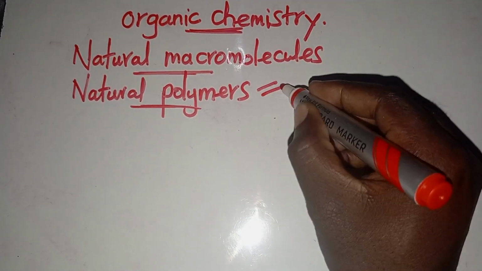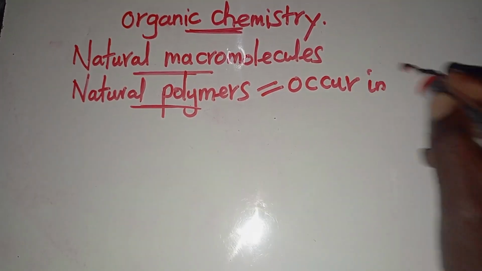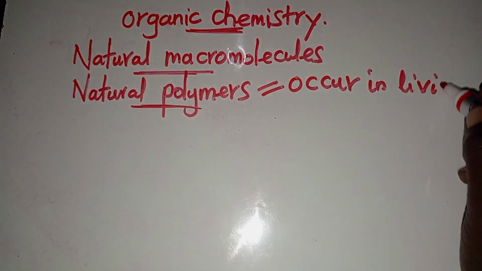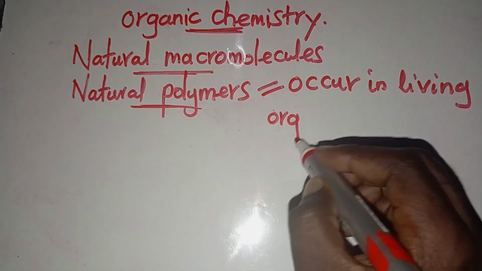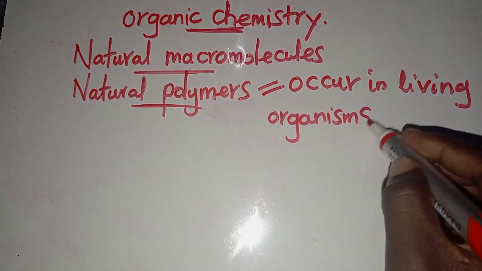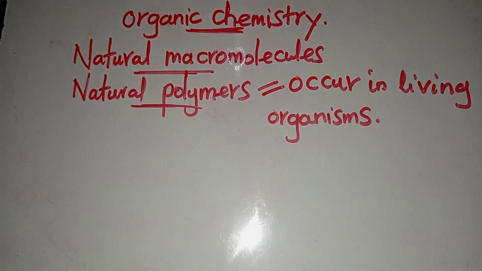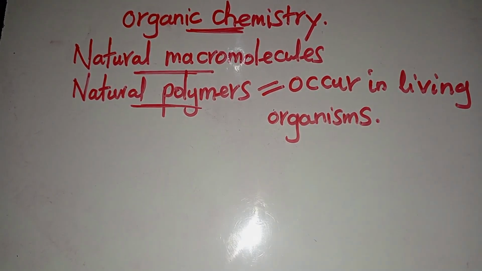Natural polymers are polymers that get to occur in living organisms. This is what you have to understand. So when we say natural polymers, these are occurring naturally in living organisms.